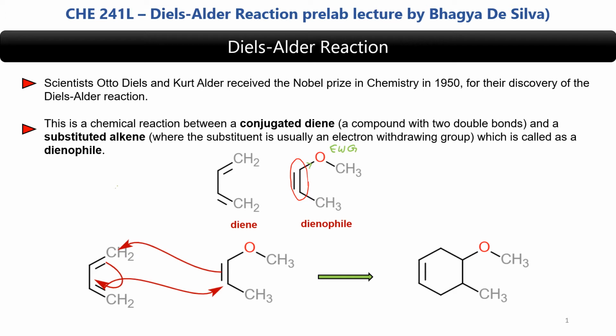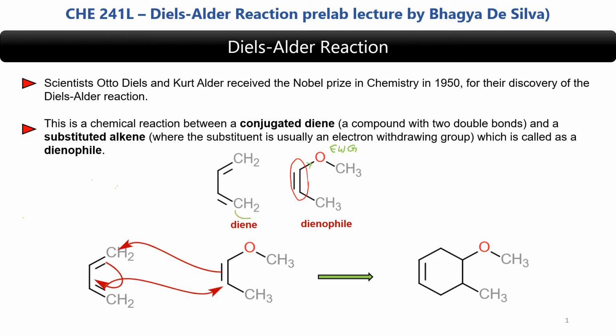That makes this double bond more susceptible to a nucleophilic attack from an electron-rich compound. So that is what happens when we mix a diene and a dienophile together.